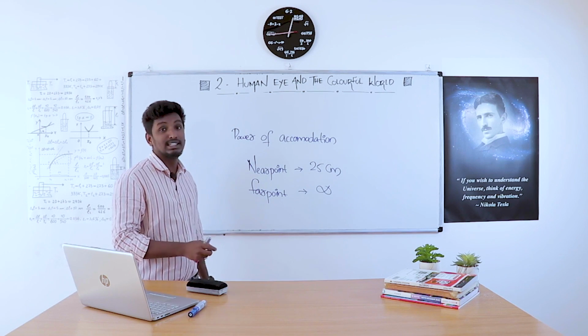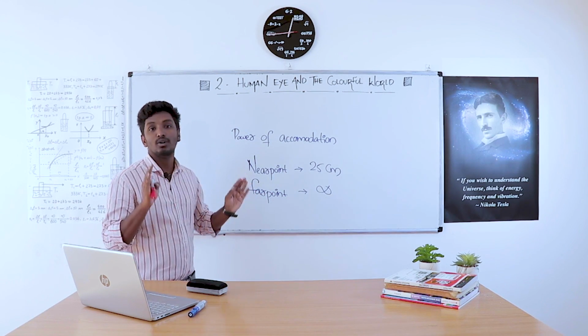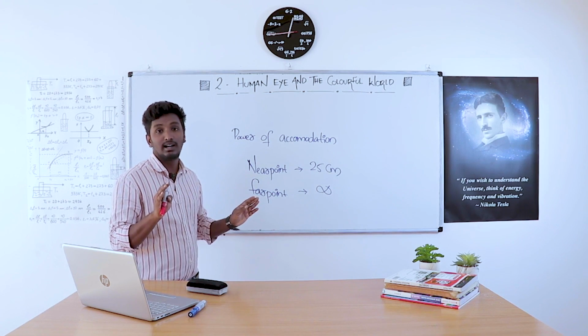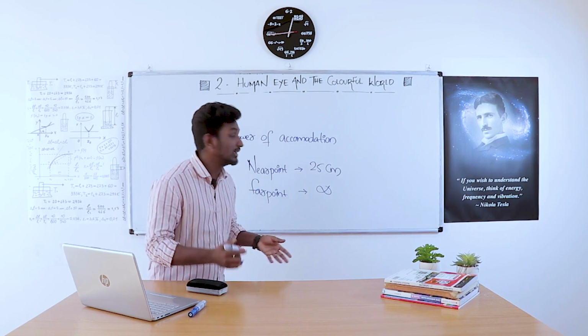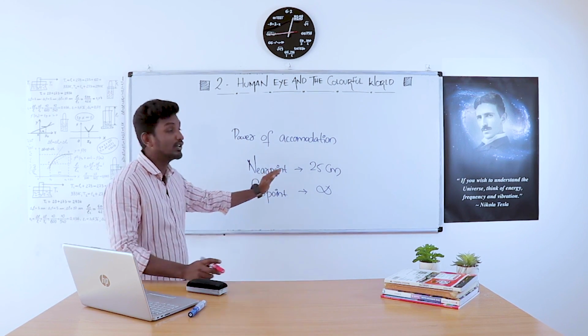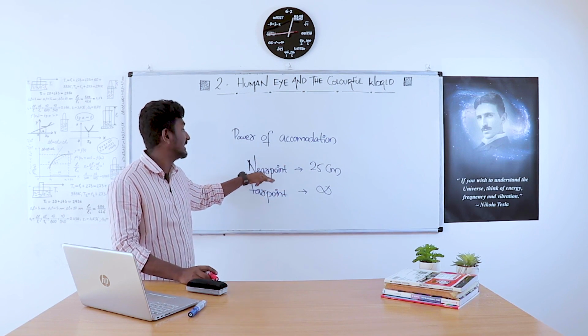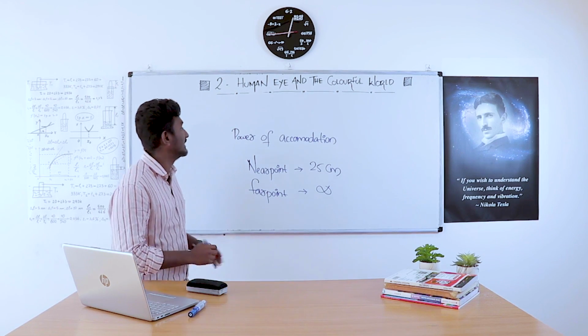So we can see clearly from 25 centimeter to infinity with a normal human eye, that means an eye which does not have any defects. So with a normal human eye, the range of vision is from 25 centimeter to infinity. That means the near point is 25 centimeter and the far point is infinity.